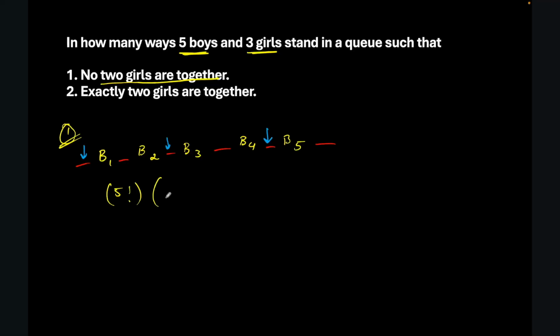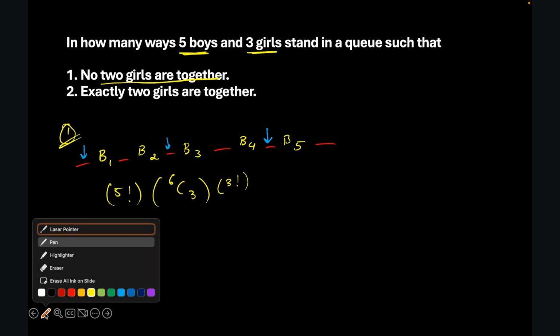Now we're left with 6 spots for the girls. So the girls can go in 6C3 ways, and they can be arranged in those 3 spots, let's say the blue arrows I've drawn, by 3 factorial ways. That's the arrangement. There's nothing more to it.